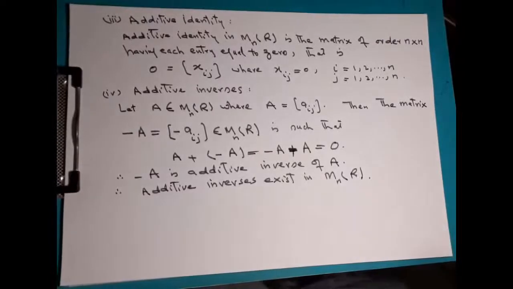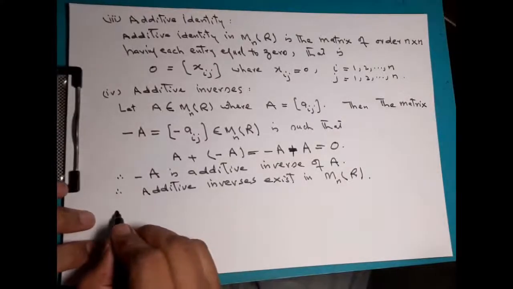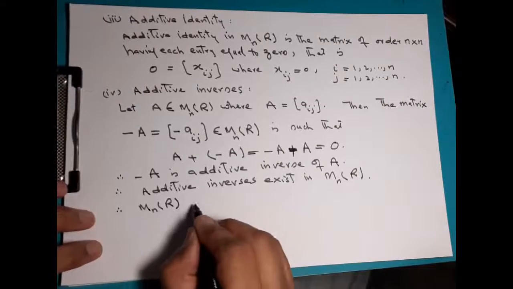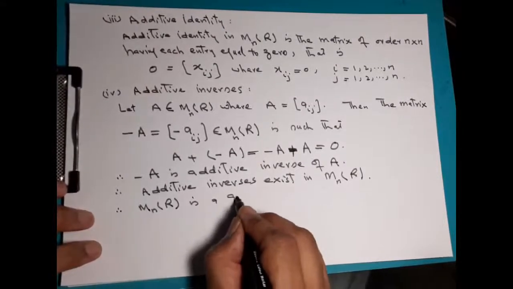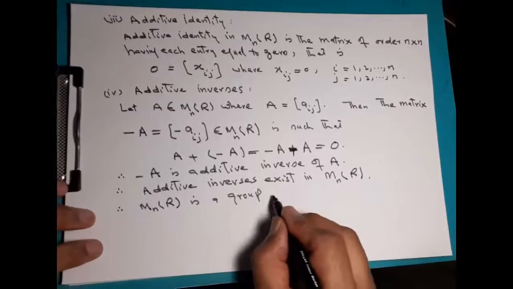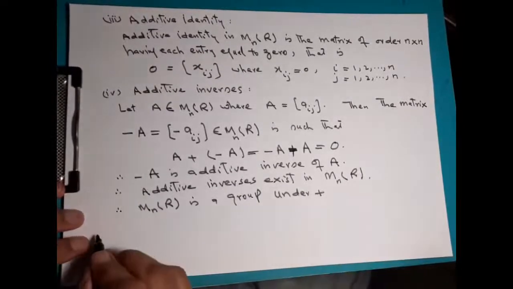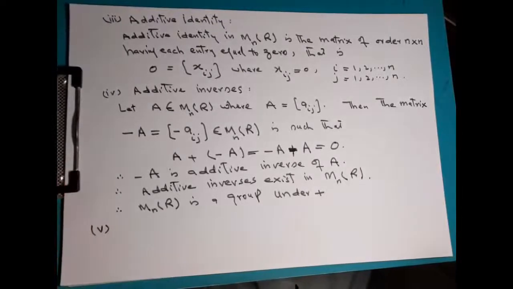So this is about inverses. So having done that, it is clear that MnR is a group under addition. Therefore MnR is a group under addition. Finally, we have to establish that this group is an abelian group under addition.